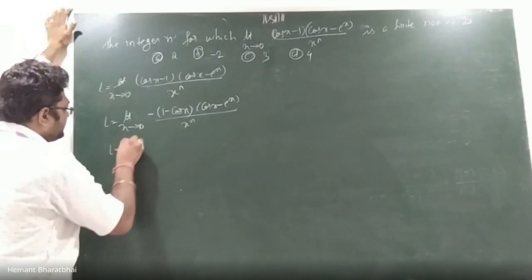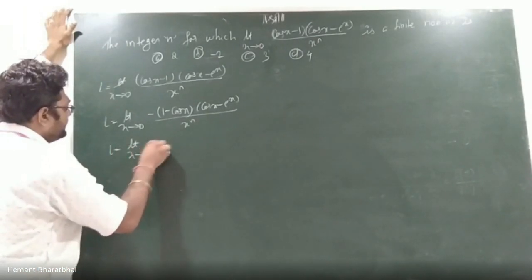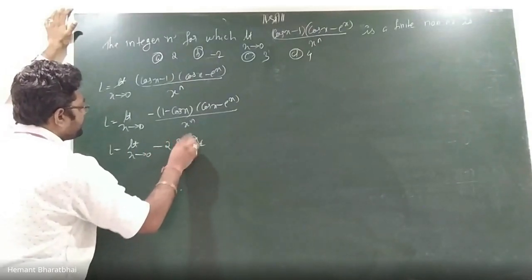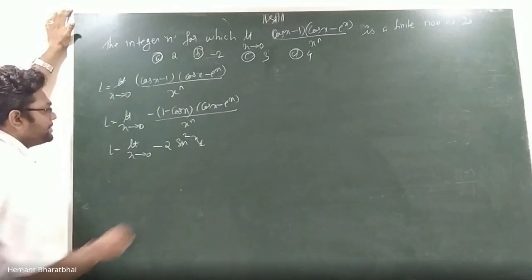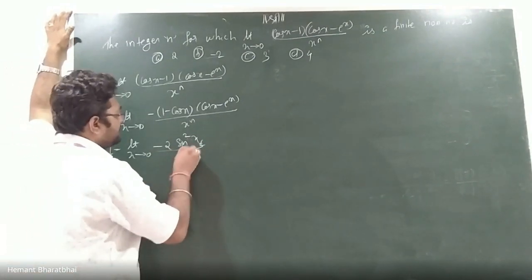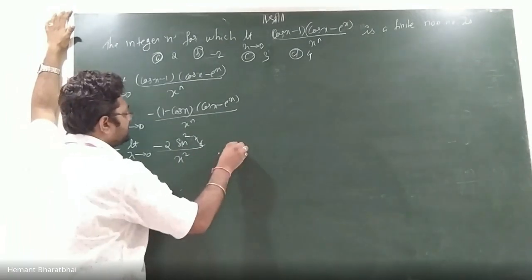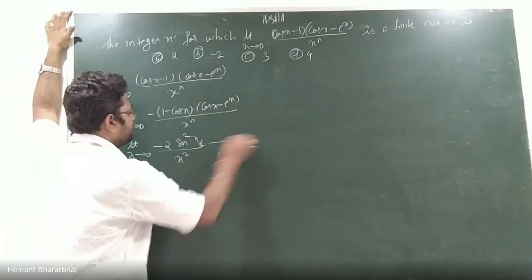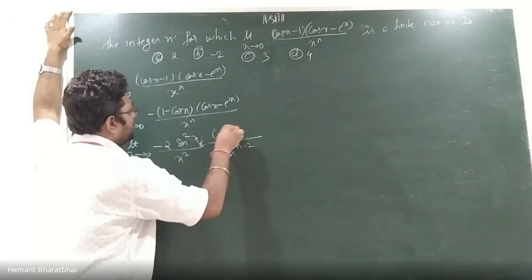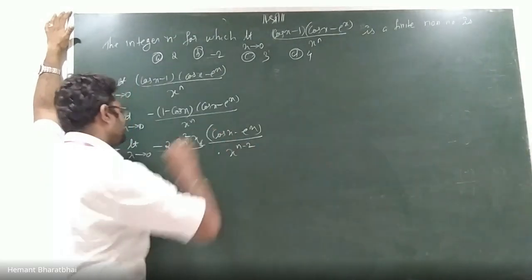So we'll get L is equal to limit of x tends to 0 of minus 2 times sin square x by 2 upon, here I can write x square, so this will become x raised to n minus 2, into (cos x minus e raised to x).